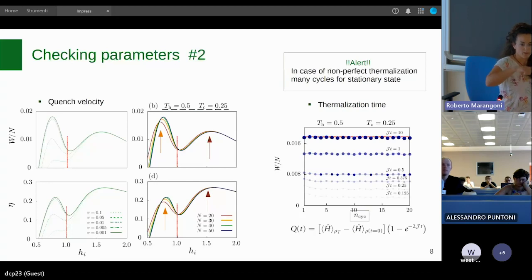You have to perform the cycle many times to attain a stationary state, and then you can evaluate the mean value of this work. So I'm showing you the work per unit of spin as a function of the number of cycles for different thermalization times. And you can see that as the thermalization time is increased, you exponentially faster reach the perfectly thermalized work, that is the red line.